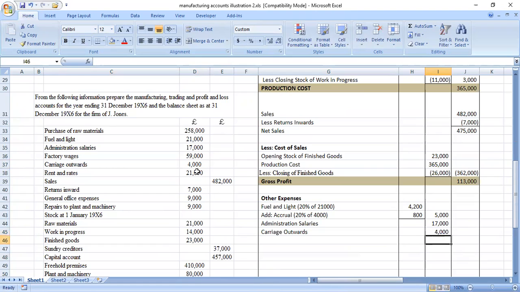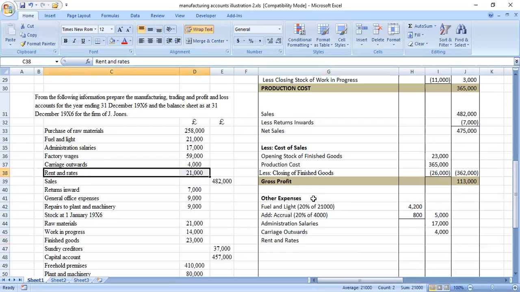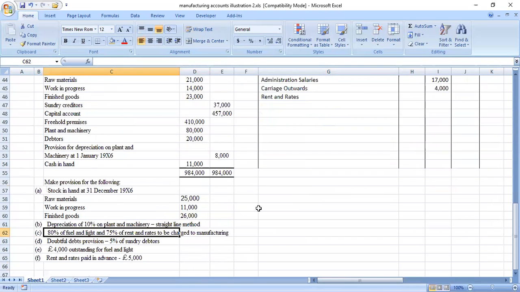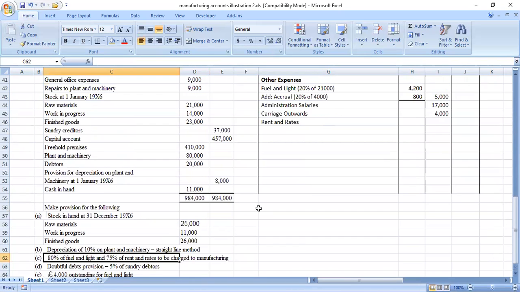Then we have rent and rates. Rent and rates has some additional information. So rent and rates is 21,000 shillings, but we are told down here that 75% of rent and rates to be charged to manufacturing. So which means to the other departments, we charge 25% of rent and rates.